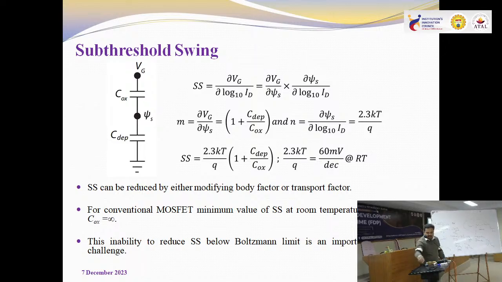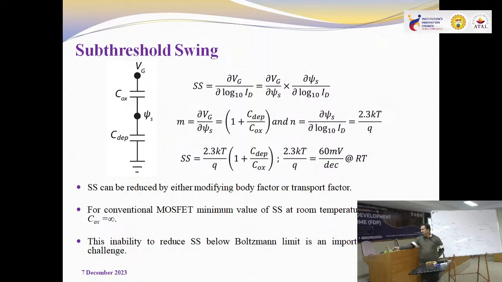In case of MOSFET, this is a small derivation for it. If you solve it, it comes out to be 2.3 kT by q, times 1 plus C depletion by C oxide. I think I told in yesterday's lecture also, k is the Boltzmann constant, T is the temperature, q is the electronic charge.